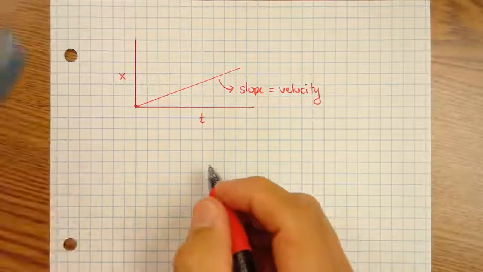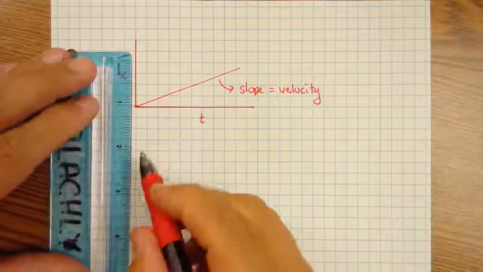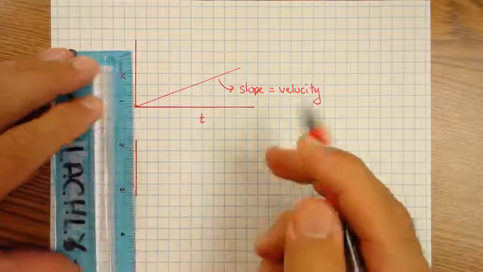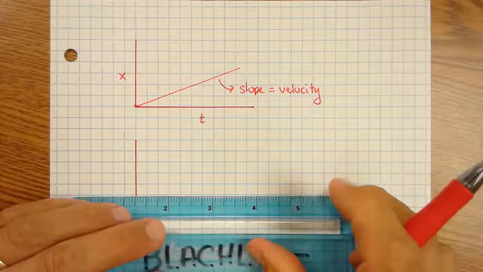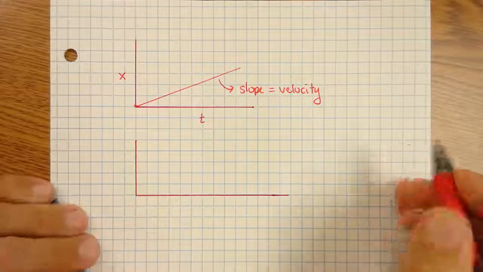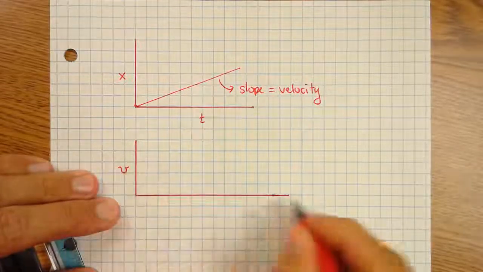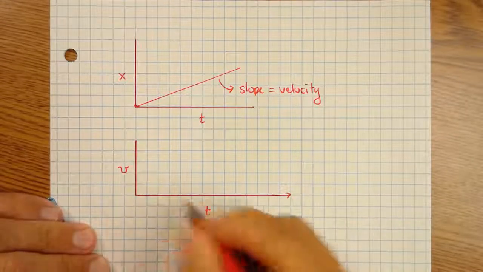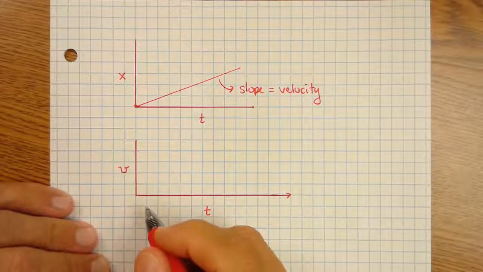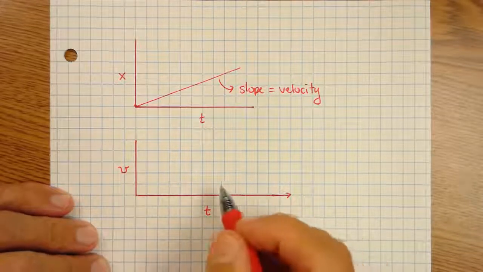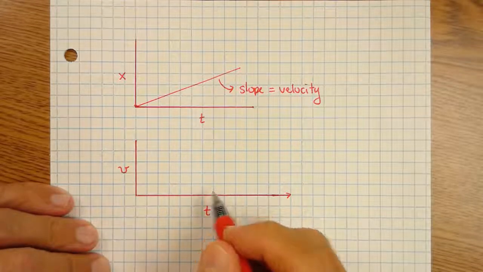So what we're going to do today is look at what happens if you graph not the position versus the time, but the velocity versus the time. What if you look at a graph where you're plotting not where somebody is, but how fast they're going? If we think about the case where we walked across the parking lot, we walked at a constant velocity.